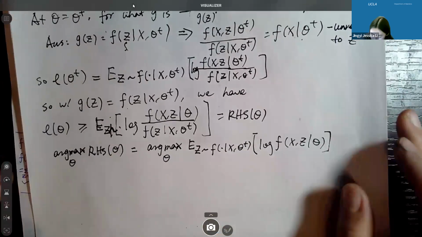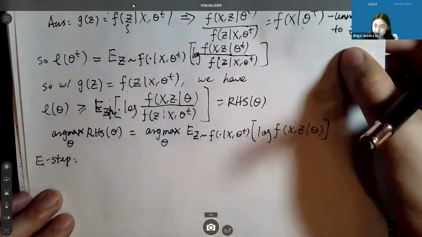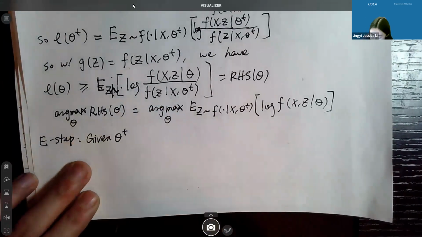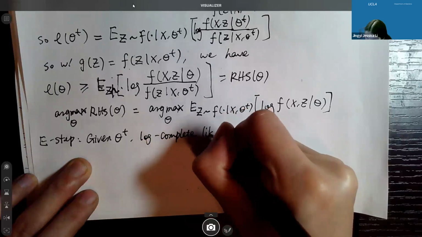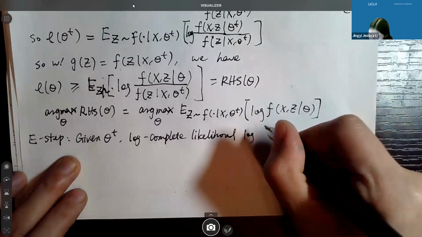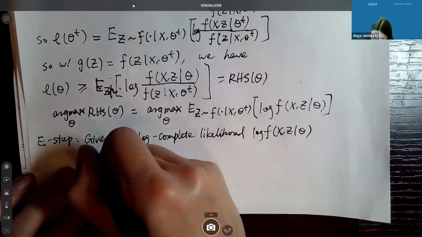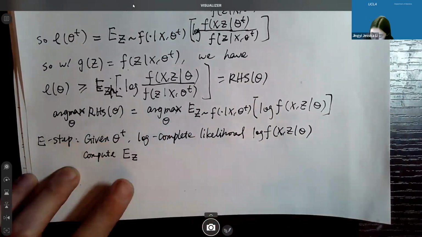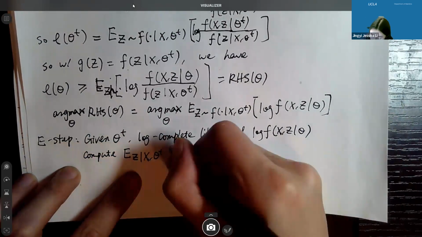Okay, so to summarize the algorithm aspect, in the E step, given the current parameter value theta t and given the log complete likelihood, which is what we wrote as log of the joint density of x and z given theta, we compute this expectation over z given x and the current value theta t of this log likelihood.